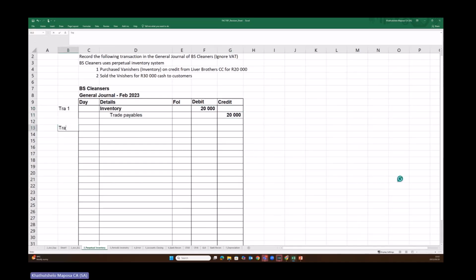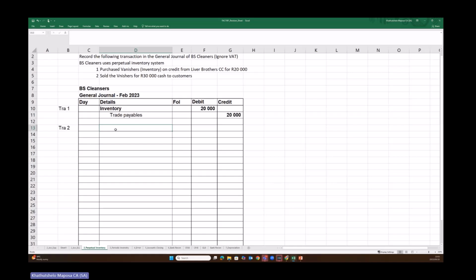Okay, number 2, you hinted 4 accounts. Remember, this is perpetual inventory system where when we are selling all the time, we must add an additional cost of sale transaction. Yes, continue.